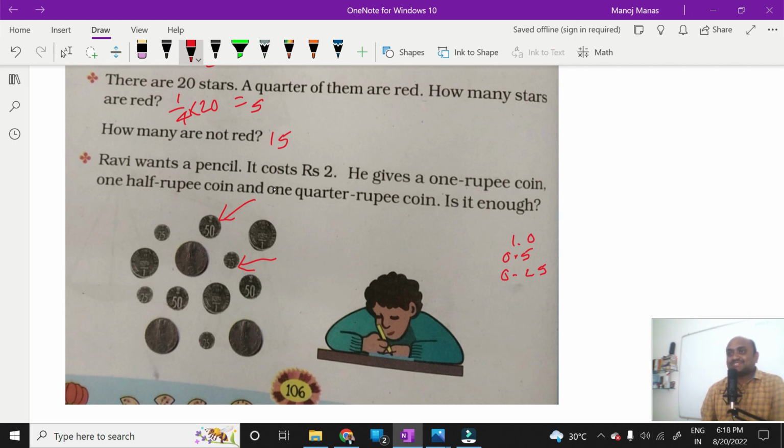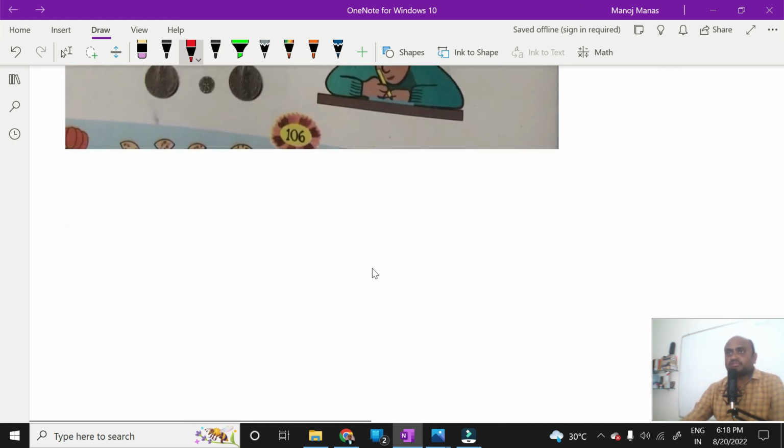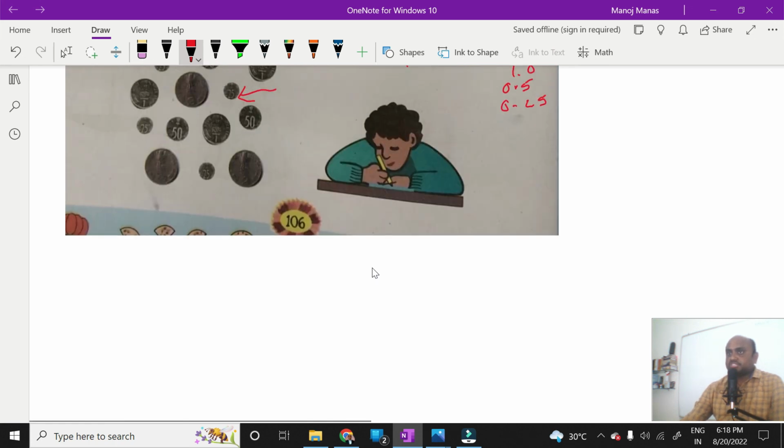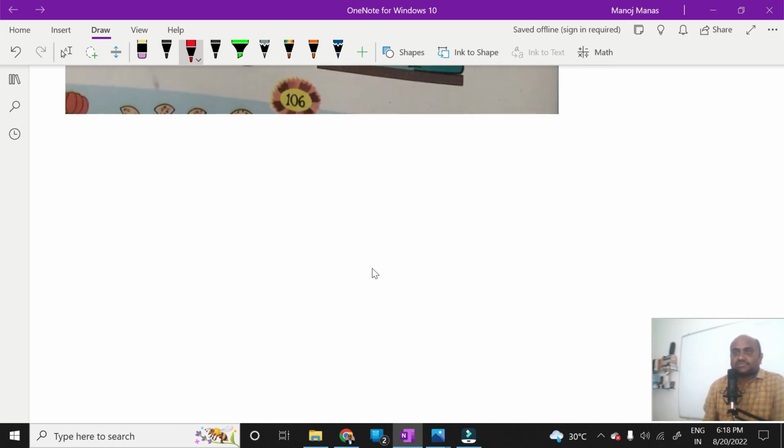Right, so we have seen this lending money from Chunni Lal in one of the previous chapters. So like that, the answer here itself is no. Okay, so with this we are at the end of this chapter. 9th chapter also is finished.